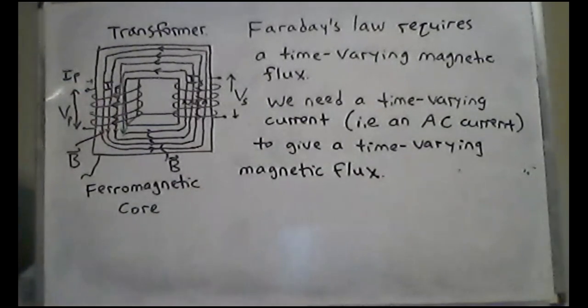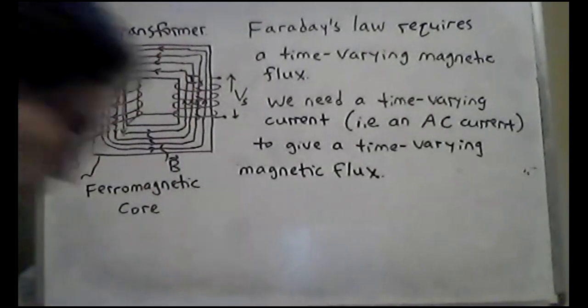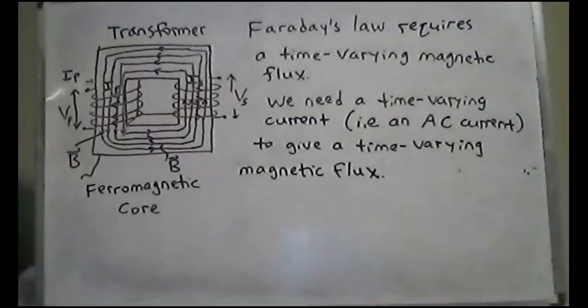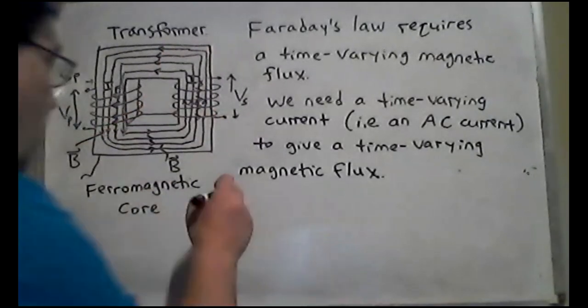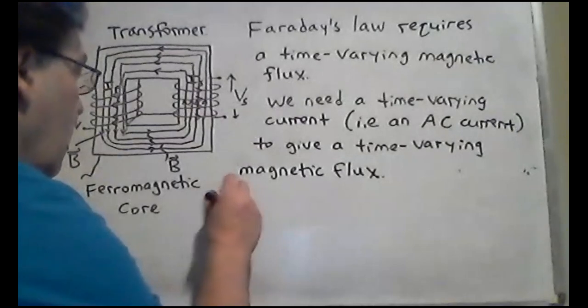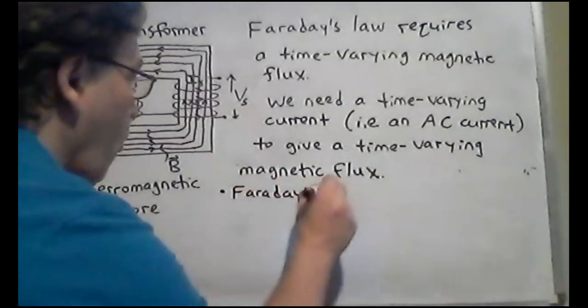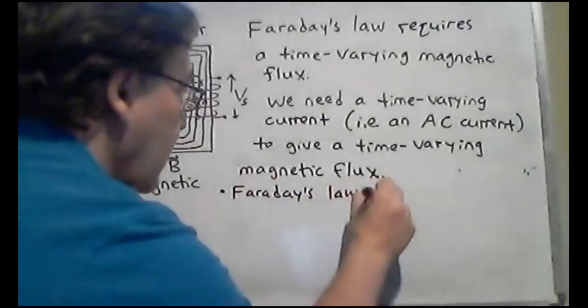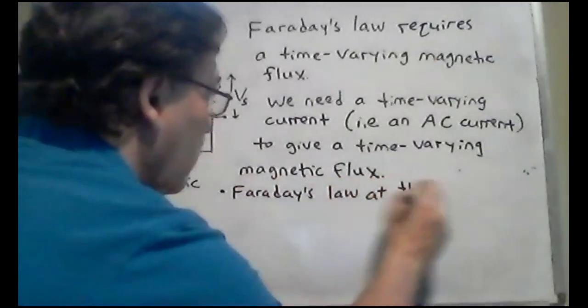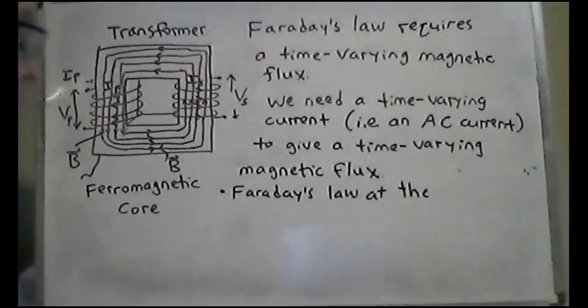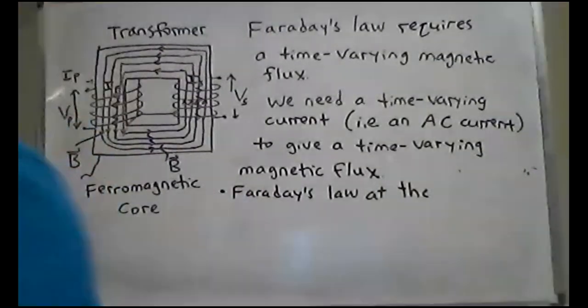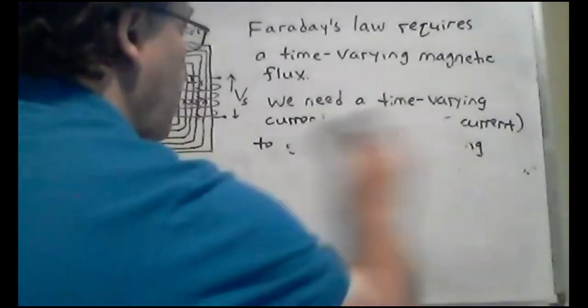So what would Faraday's law be? Let's consider the secondary coil. Let's imagine that I have a time varying flux. Then if the magnetic flux is time varying at the secondary, Faraday's law applies. Let me back up.